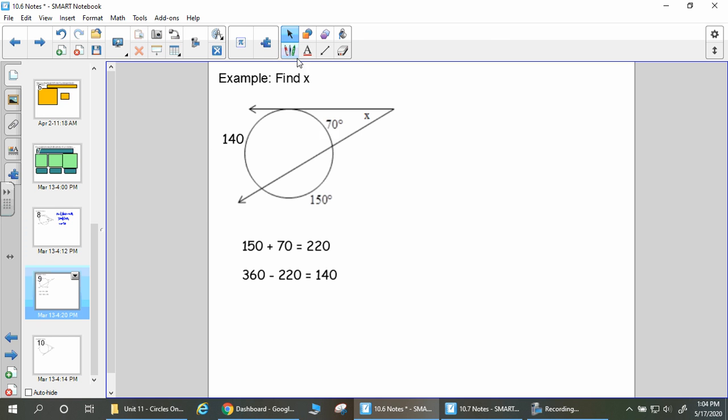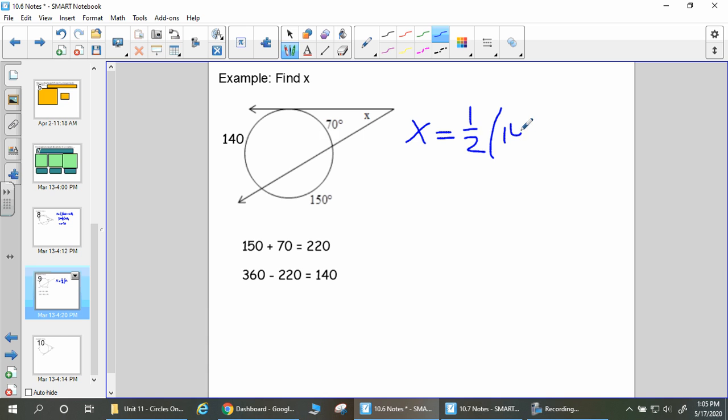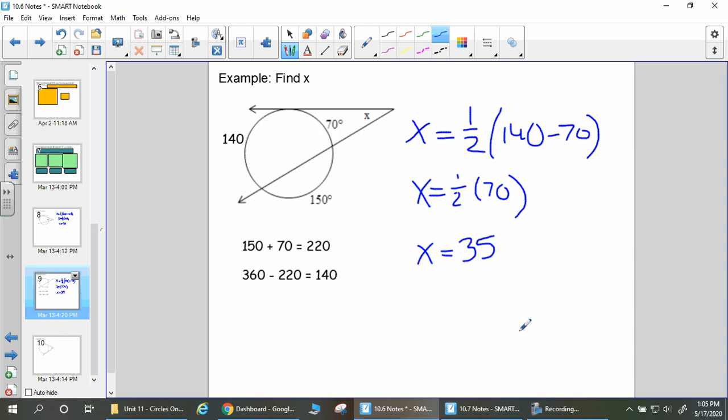That way, when I go to find my angle, x is going to be 1/2, big arc is 140, little arc is 70. So we're looking at 140 minus 70, which is 70, and 1/2 of 70 is 35. It's just a coincidence that the numbers worked out the same. Obviously, there can be any value, but we happen to get 35 again.